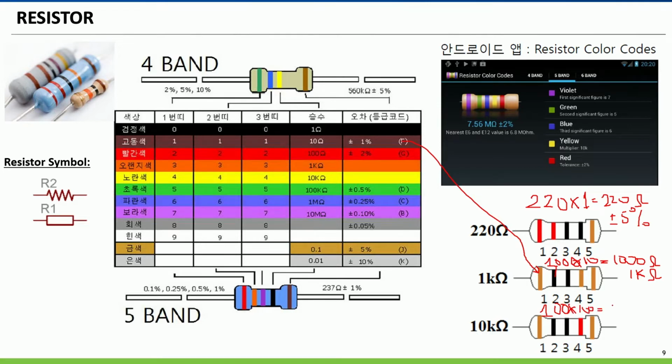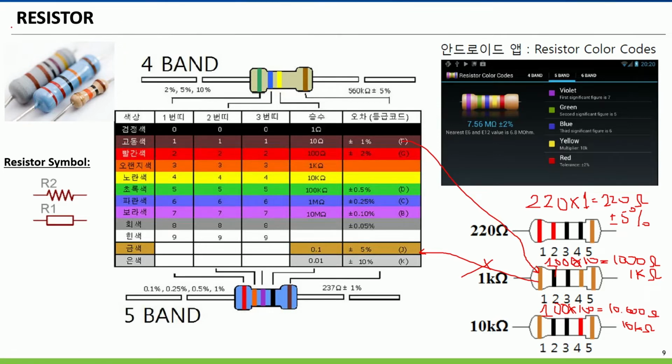So this one is about 10 kilo ohm. Something like this. This color is similar to gold, but I think this is not gold. I'm so confused.